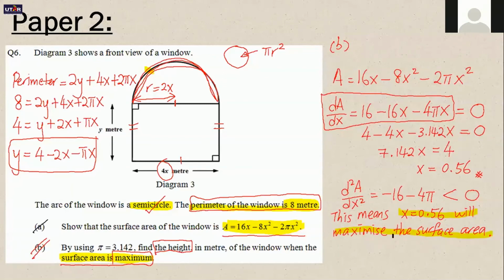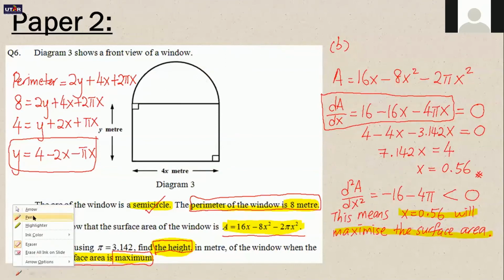So what we want is the height. We want to find the height of the window. Look at the diagram here. So where is the height of the window? If you look at the diagram, we can see that the height of the window is here.